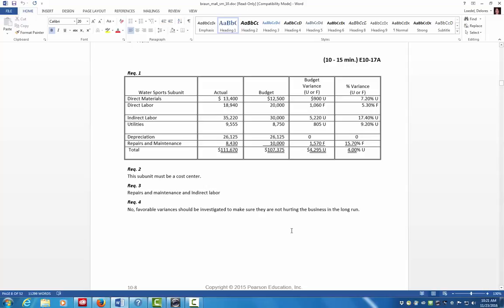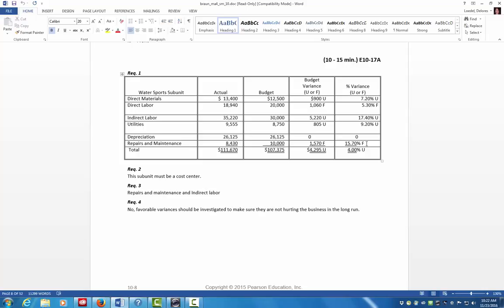Question 4 asks, should only unfavorable variances be investigated? No, they should investigate all variances that are greater than the amount of their threshold. In this case, one of these is an unfavorable variance and this one is a favorable. They should be investigating both of those because they want to determine why their actuals came in so much less than their budgeted numbers.